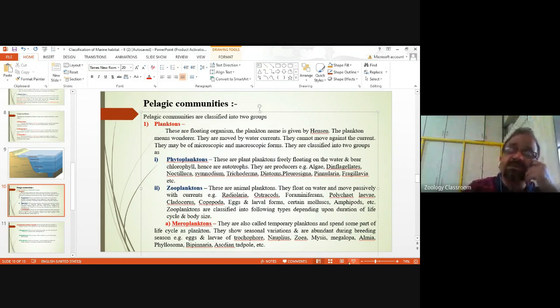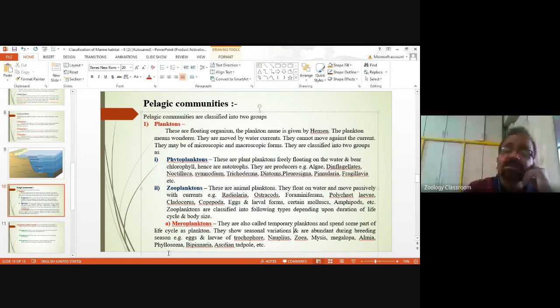So eggs and larvae, for example trochophore larva, Nauplius larva, Zoea, Mysis, Megalopa. The trochophore larva is of Balanoglossus. Nauplius, Zoea, Mysis, Megalopa, Alima, Phyllosoma, Bipinnaria.